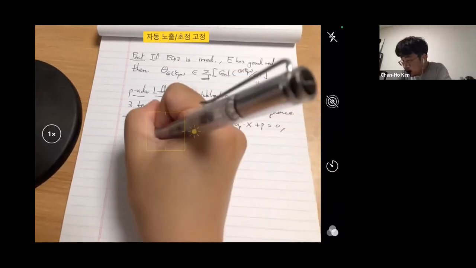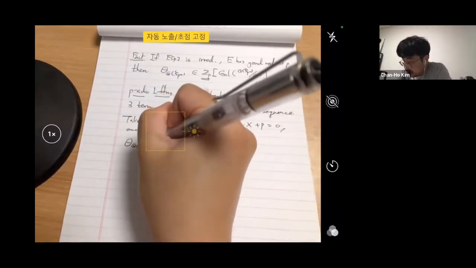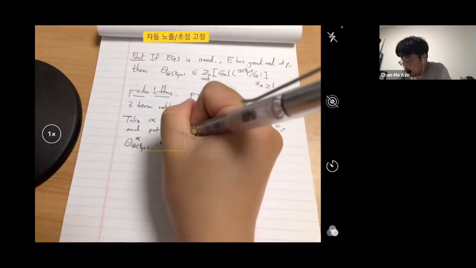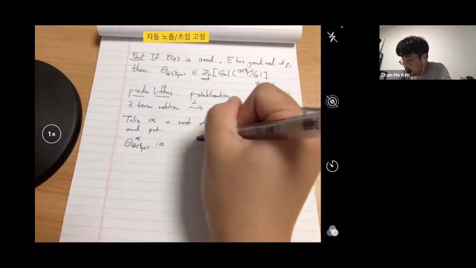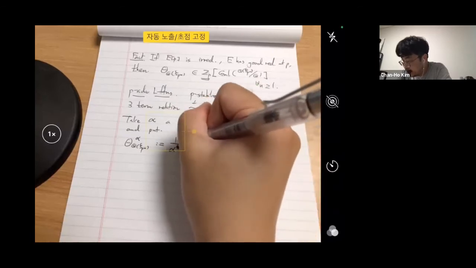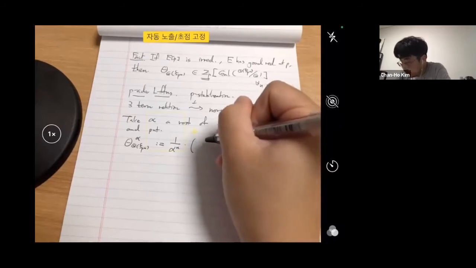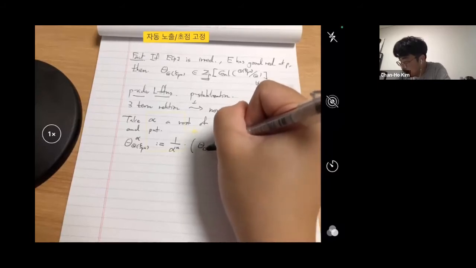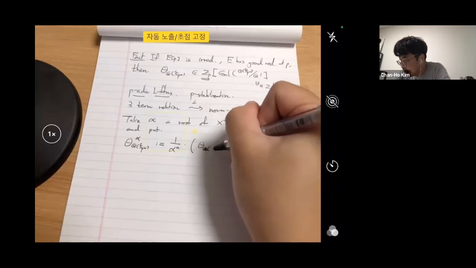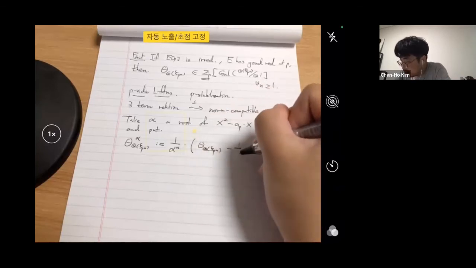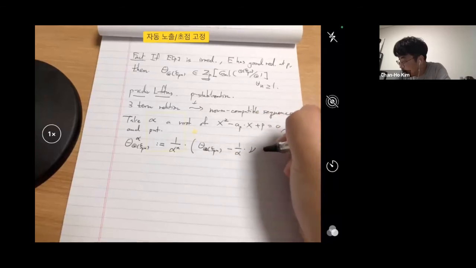Theta_{Q(zeta_{p^n})}, but I put alpha here, is defined as follows. First, I divide by alpha to the n. And here I put the usual Mazur–Tate element we just constructed: theta_{Q(zeta_{p^n})} minus 1 over alpha times nu of theta_{Q(zeta_{p^{n-1}})}.